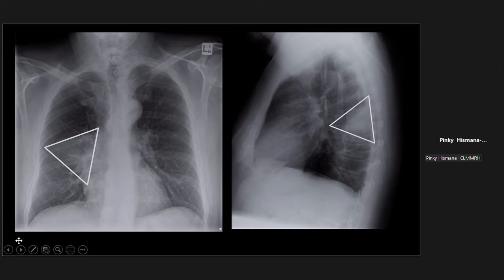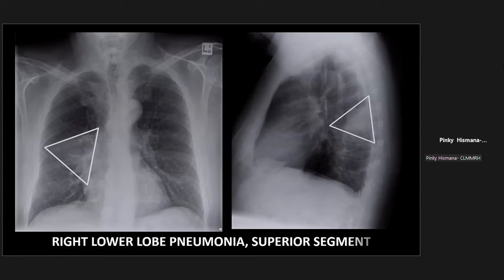So most likely you can deduce that the lesion would be found in the right lower lobe pneumonia, particularly involving the superior segment. Because your lower lobe's position would be at this point.